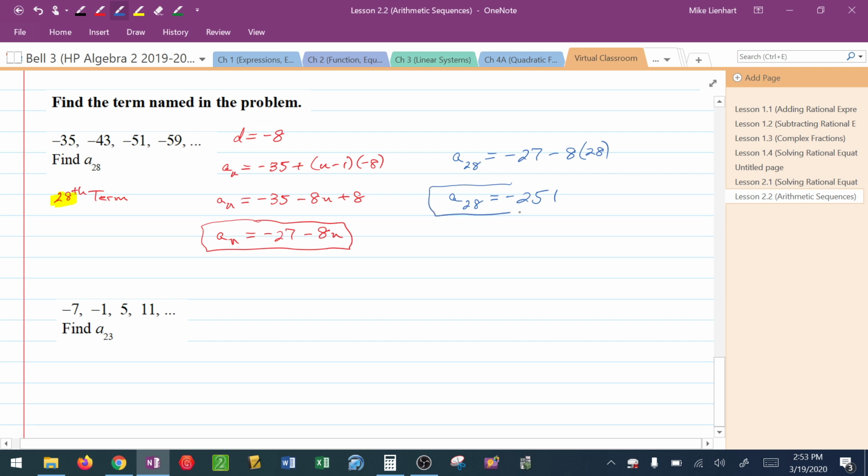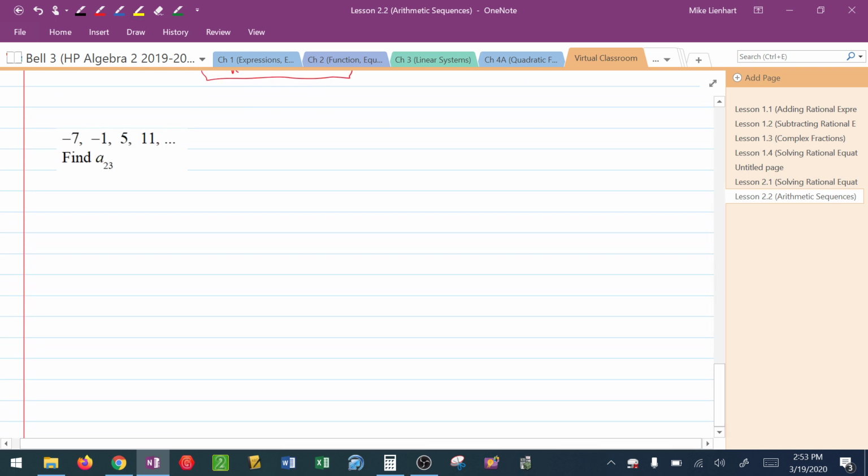If I were to continue this sequence of numbers, this negative 35, negative 43, negative 51, negative 59, the 28th spot in that sequence would be negative 251. All right? This technique that I'm showing you right here, by using a common difference in the explicit formula, makes this a whole lot easier. All right? Let's try one more.